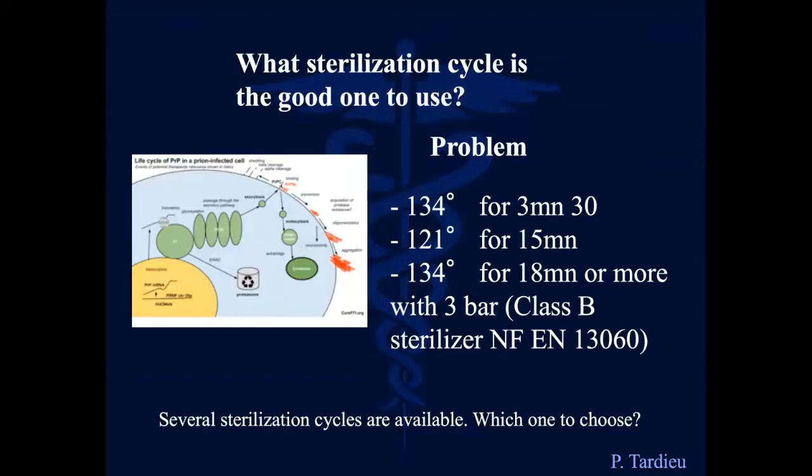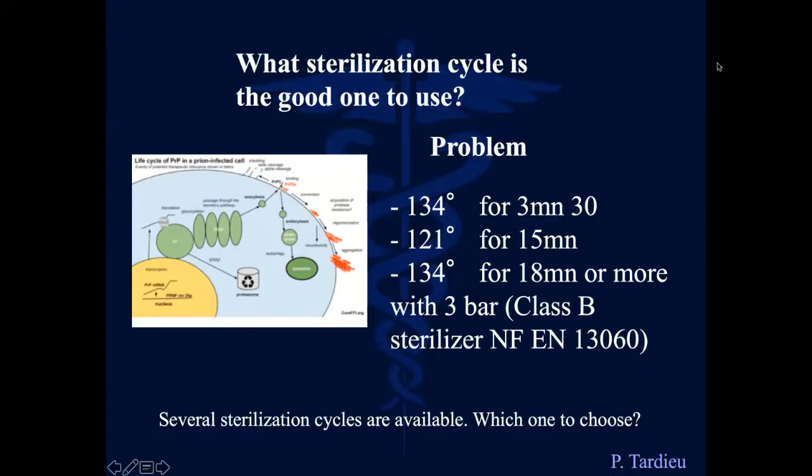The first one is the temperature. You need to reach the temperature of 134 degrees. The second one is the time. You need to work on a time of 18 minutes. The other one is the pressure. You need to work at 3 bar.